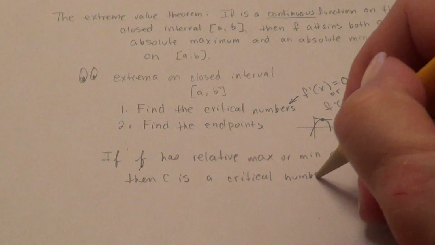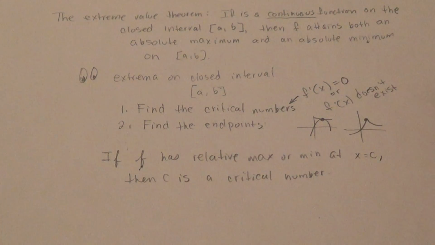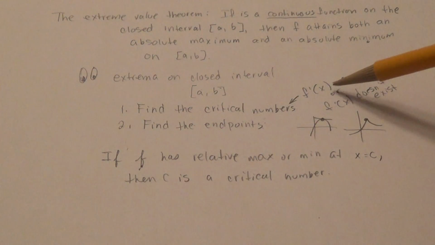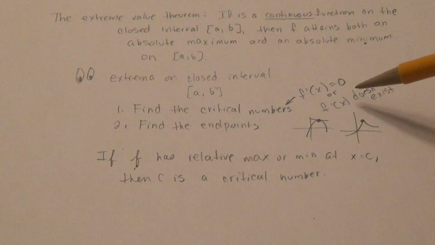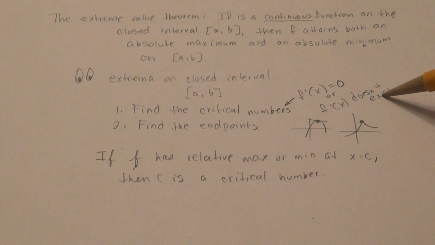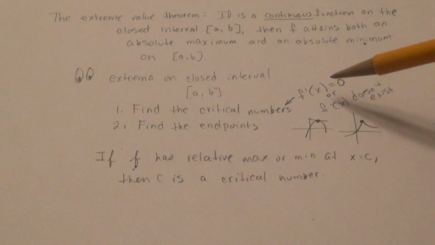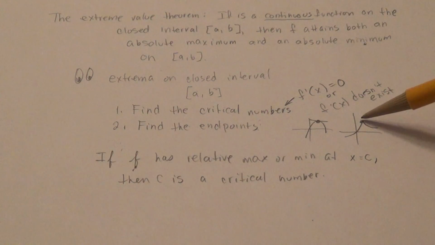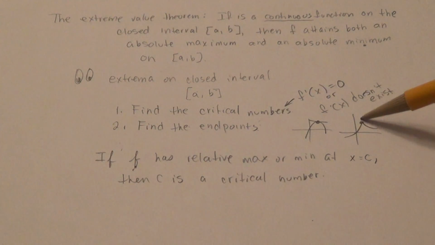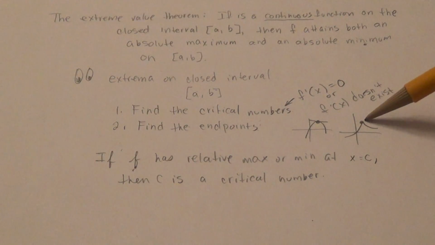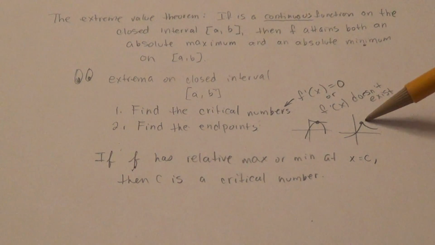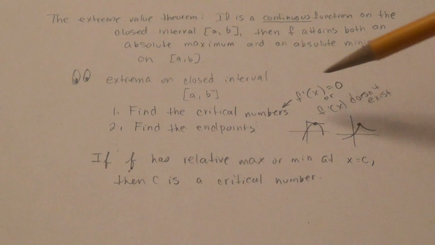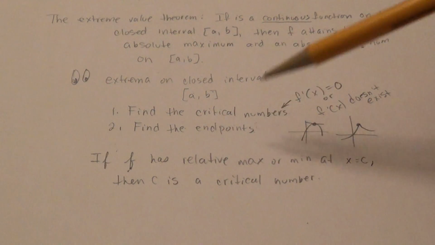What's a critical number again? Critical numbers are where the function either has a derivative that's 0 or it does not exist. And remember, this is still continuous, so we're not talking about it not existing because there's a jump or a skip or an asymptote. We're talking about it not existing because there's a very sharp turn. So those are the 2 places we can look, and the endpoints.